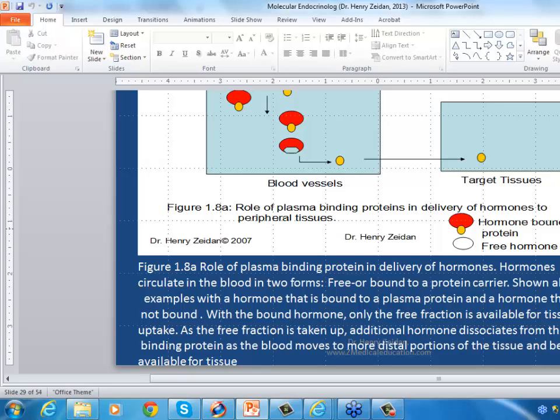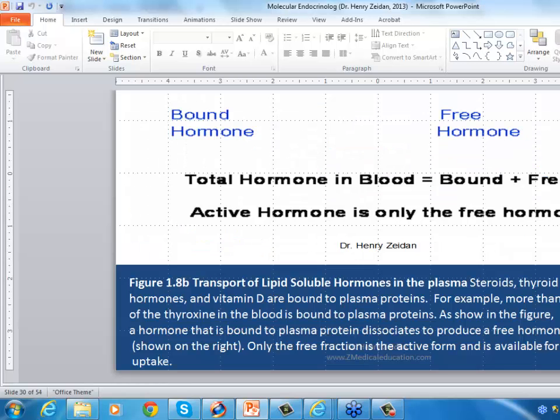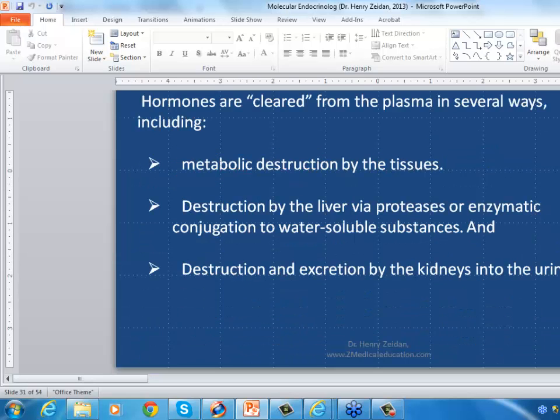Therefore, you expect to see that the total plasma lipid soluble hormone will tend to increase in these cases, but the free plasma hormone remains constant at normal levels. So that's why those individuals do not show any sign of hyperfunction. That's the last comment that I have on bound versus free form.